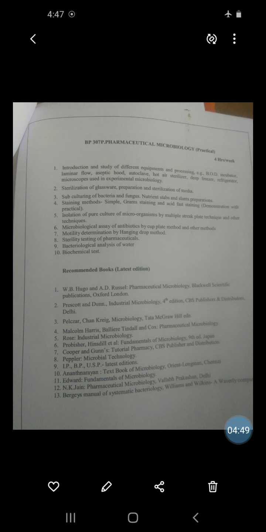And last, observe the slide under the microscope for motility, whether the bacteria are motile or non-motile. If the bacteria show presence of flagella, they are motile. And if the slide shows absence of flagella, then they are non-motile.